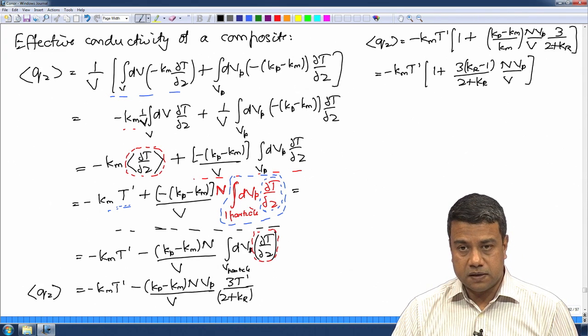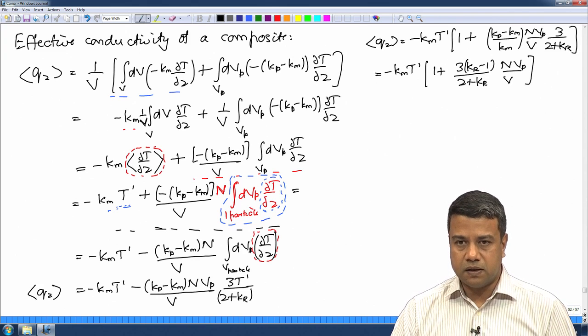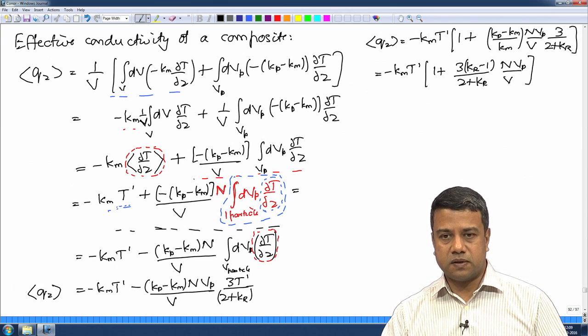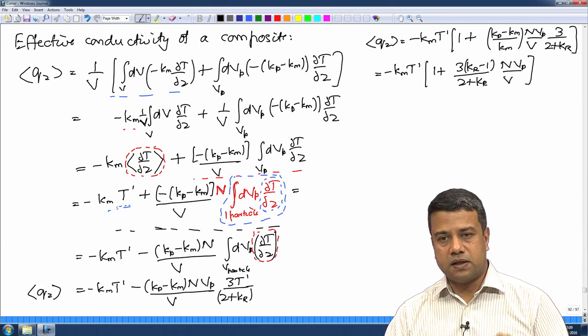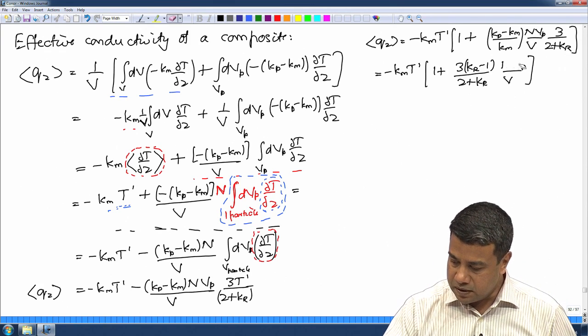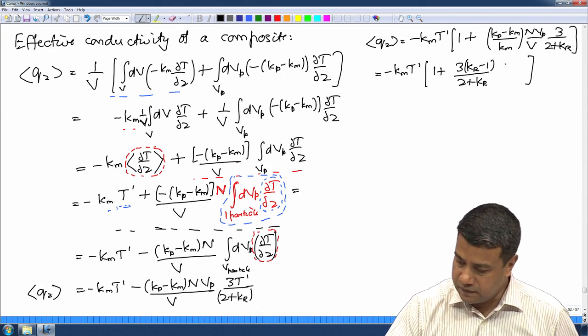N is the number of particles, V is the volume of one particle, and the V in the denominator is the total volume. So, it is basically the ratio of the volume occupied by the particles to the total volume, and that is what is called the volume fraction phi.